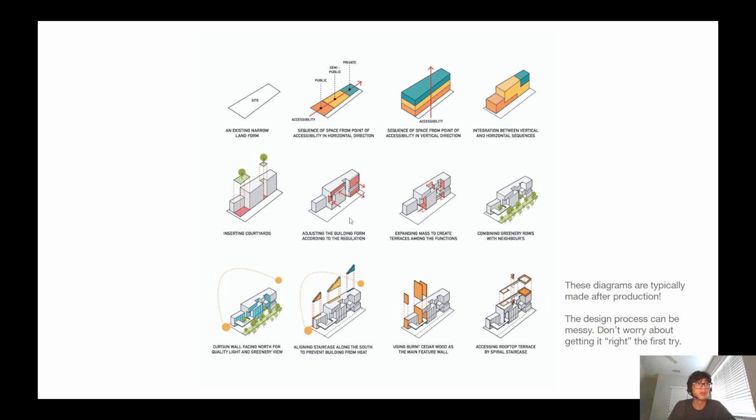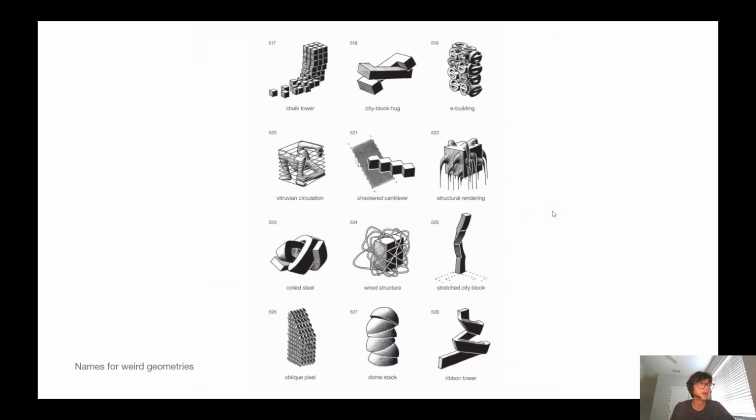So, you know, design isn't a perfect process, and these are typically made towards the end of your project after you've gone through the dirty work of figuring out what you want to design or what you want to put in your building. But yeah, I just included this to show how you can explain maybe your form or parti of your building in some kind of fun way.